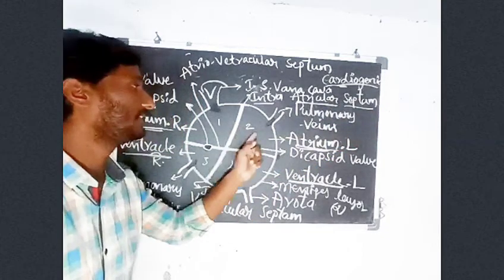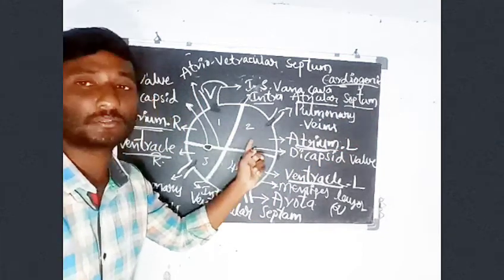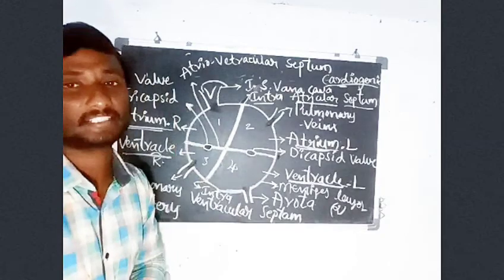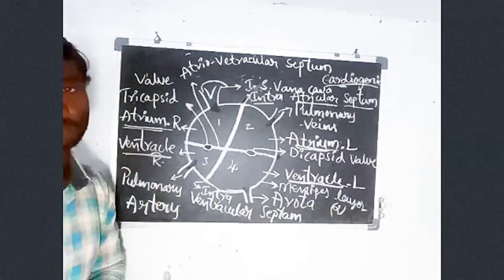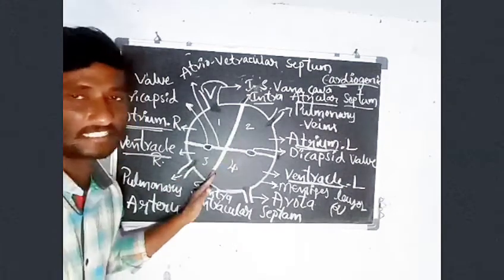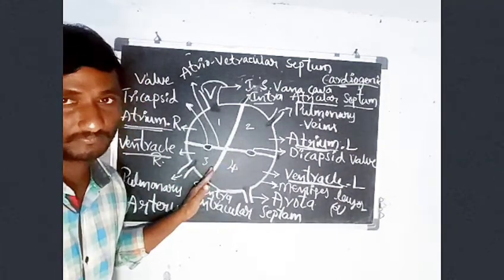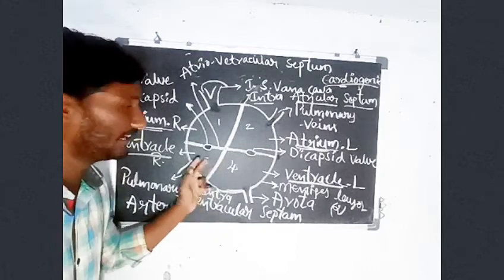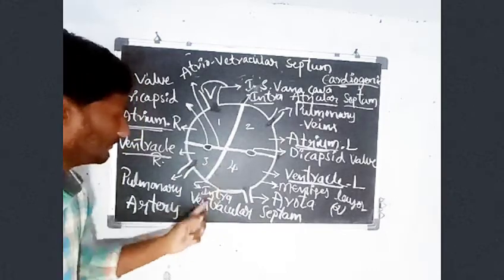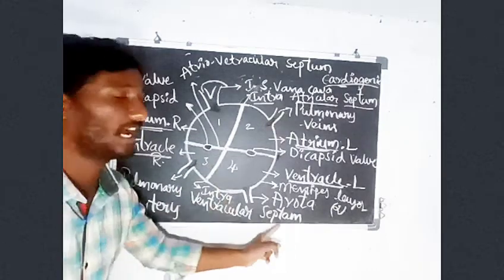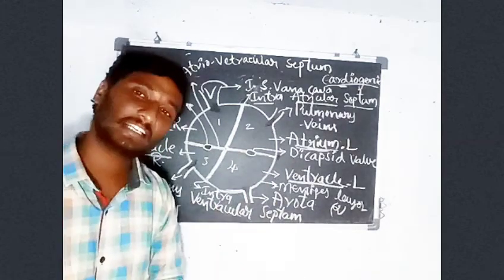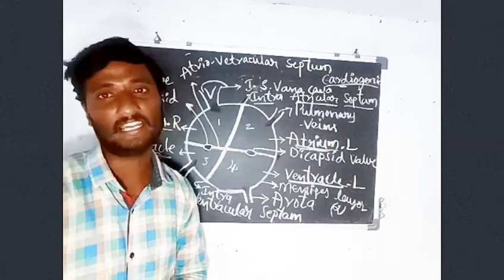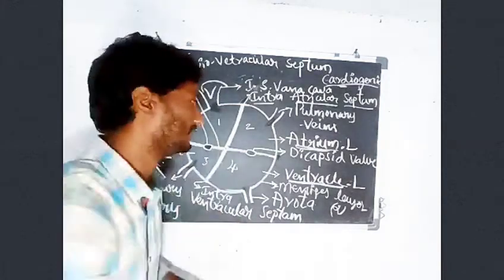That's why the chamber is divided into two parts, the left and right atriums. In the same way, the ventricles are also divided into two chambers with the help of the interventricular septum. Now we will discuss one by one.